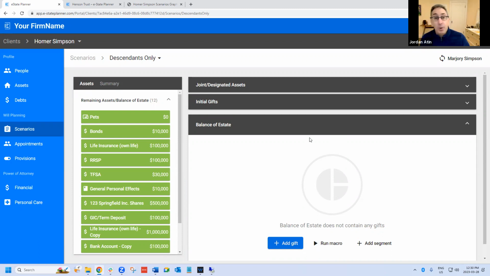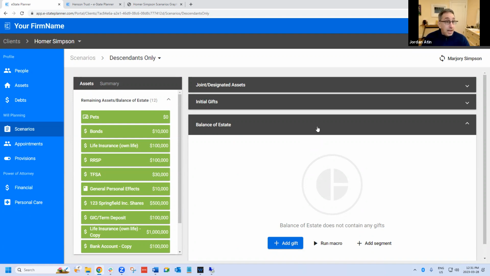Probably the most complicated part when we plan wills is the gift over, because that's where things get kind of hairy when we say, okay, if this at the end of the trust, or if this person's not alive, then this person, but if they're not alive, then this person, and when we've got multiple segments and things like that. So we're going to talk about residue gift overs today and the different options that are there and when to use them and how to use them.